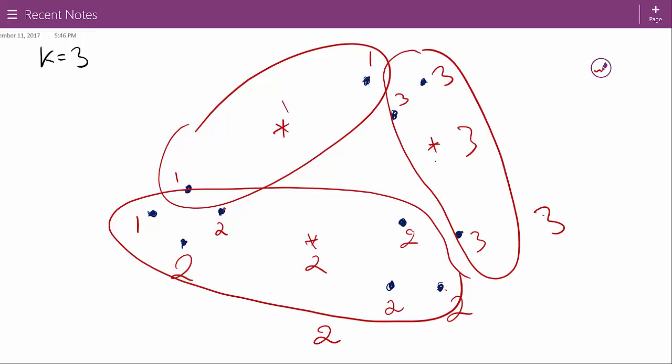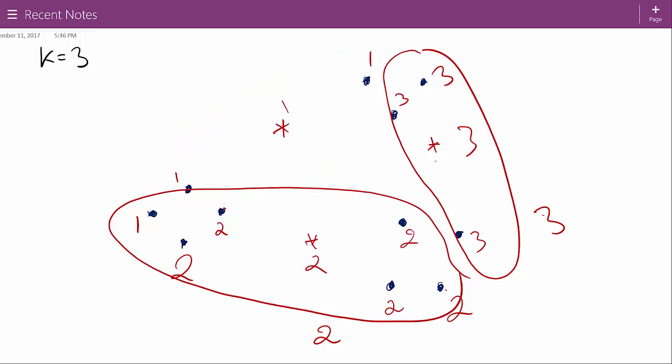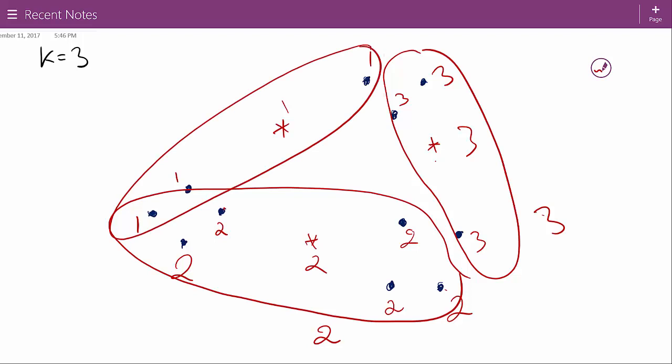Okay. And this point right here is still a 3, I believe. This point right here is still a 3. Okay. So now I have updated my clusters, but really nothing changed except for my new cluster number 1, right? Okay. And then what happens after that? The center of cluster number 1 moves somewhere over here, right?